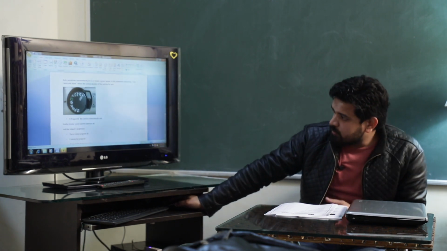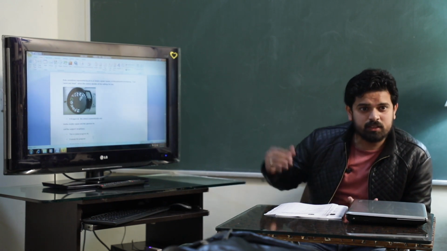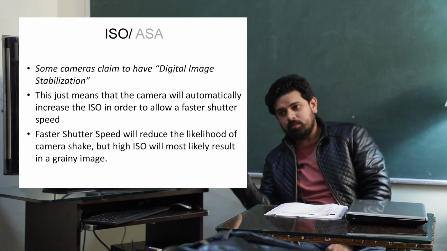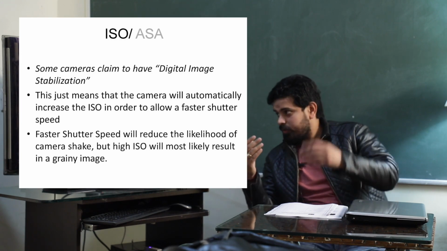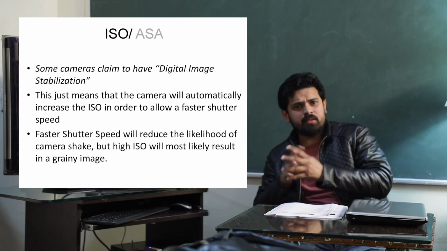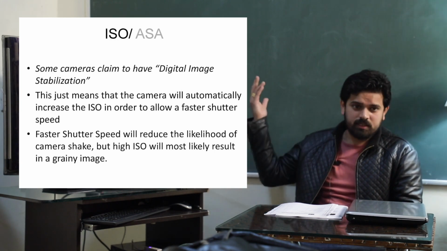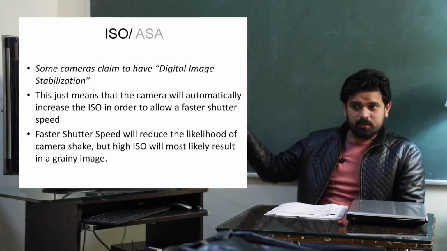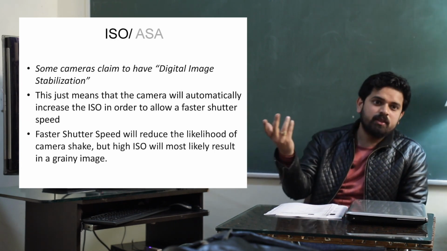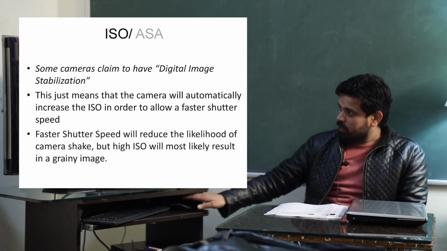So how does it work? Can you use ISO 2000? There is ISO 16,000, and Sony gives you something like 20,000 or more. Before that, the first camera Canon introduced only went up to about 1200, ISO 50 to 1200. Now the sensitivity has increased so much, like 200 to 20,000, that you can put one candle over there and shoot it with the Sony A7R3 or whichever camera is most sensitive to light.